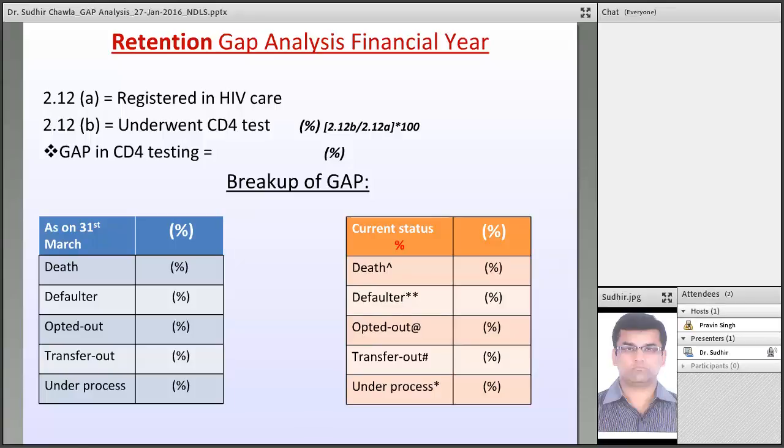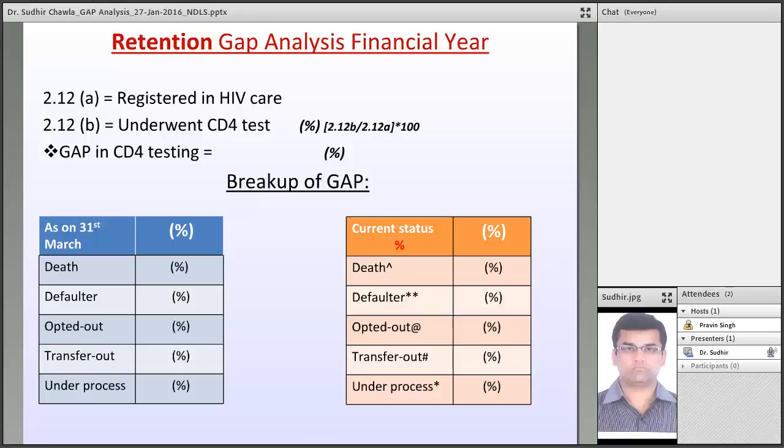So in summary, the patients who are under process for ART initiation are those we have given an appointment, and they returned on that given appointment, but because of our system guidelines or our SOPs, we are not able to initiate ART, though these patients are continuously in our contact. They can be called under process. Defaulter means those who are eligible for ART, or in this particular gap, registered and underwent CD4, and were given some date of appointment.